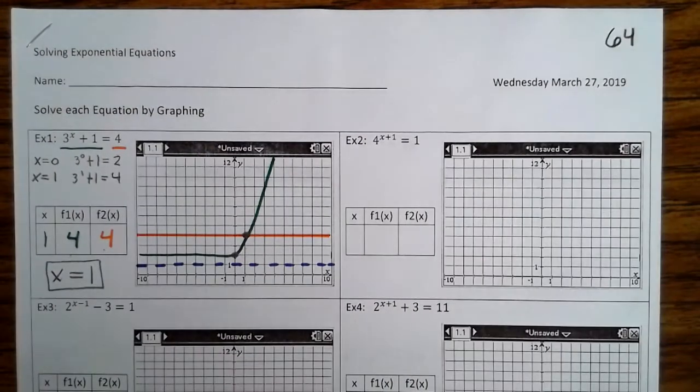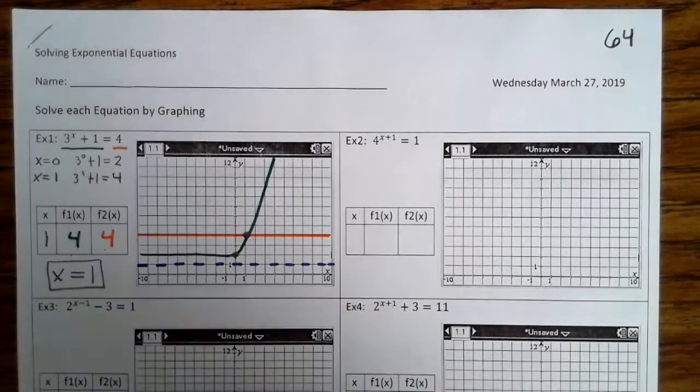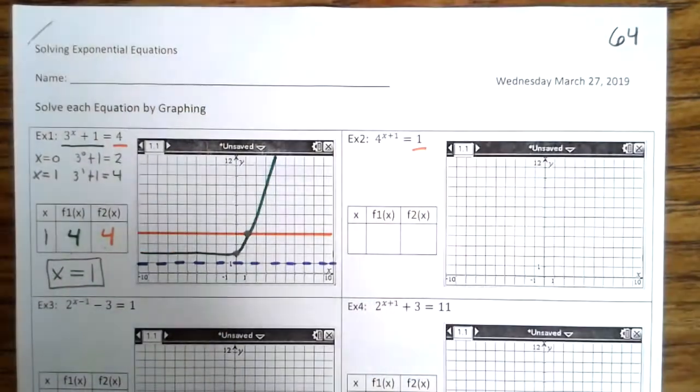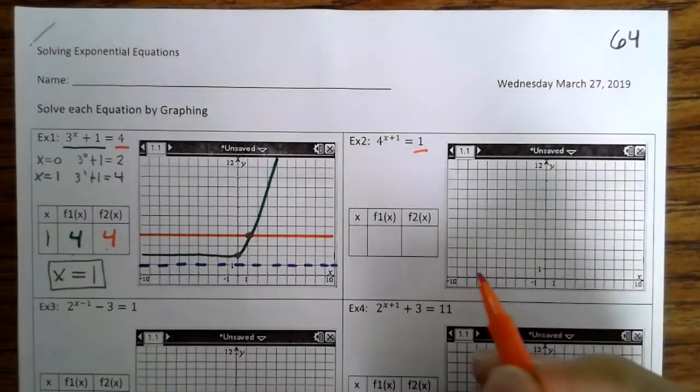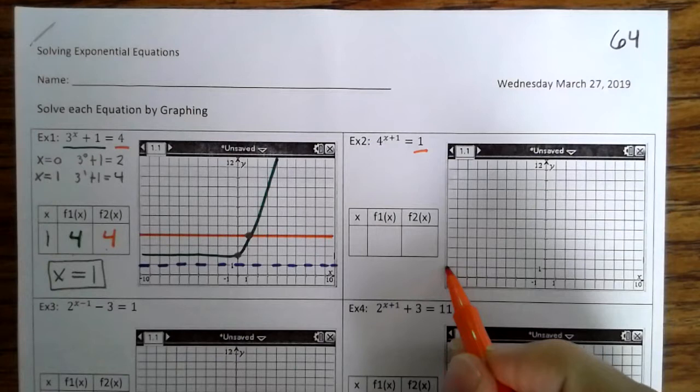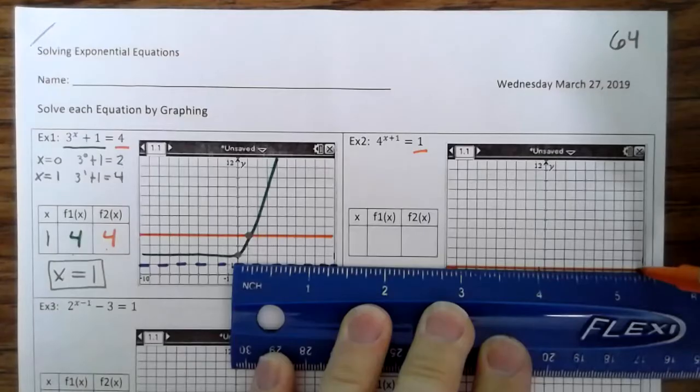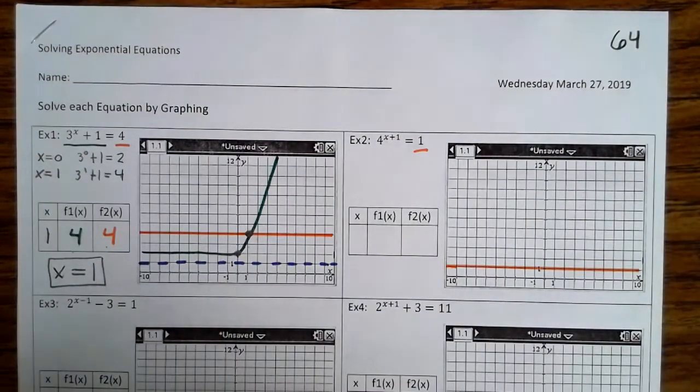Okay, so we graph the right side, which is a horizontal line at 1. And then we're going to graph the left side.